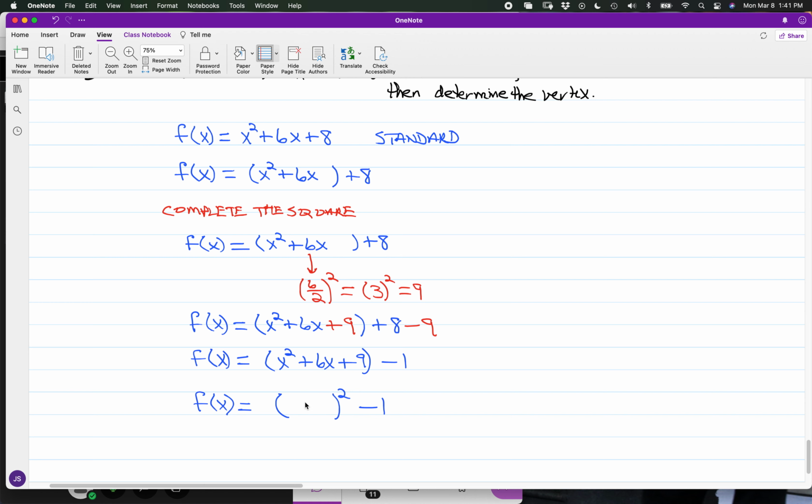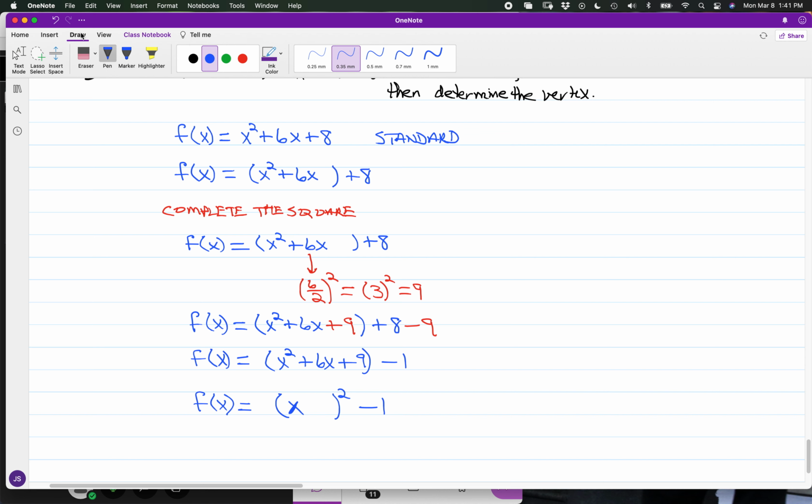For x squared plus 6x plus 9, we now have a square trinomial. From x squared, I have the square of x. Now, for the constant, if we go back, in terms of how we arrived at this 9, I got it through squaring 3. Whatever value I square in the completion of the square process is going to re-enter the scene once we get to the vertex form.